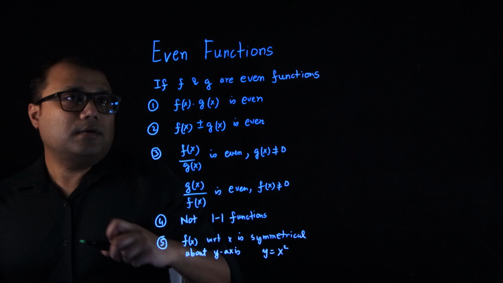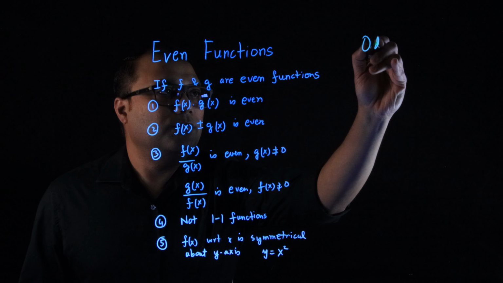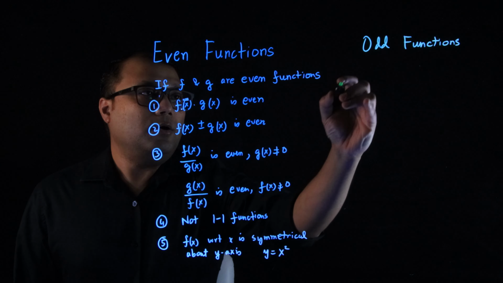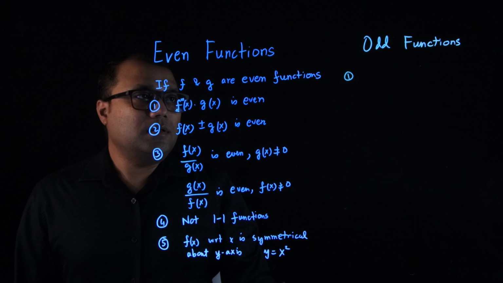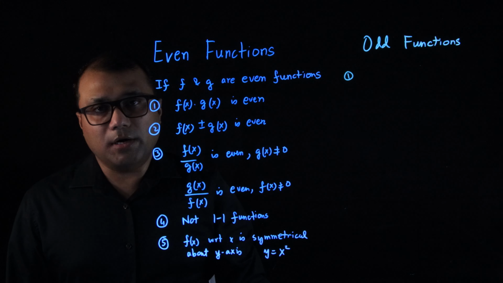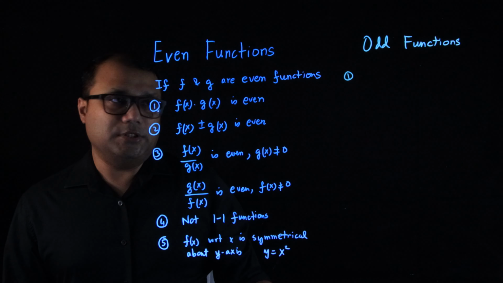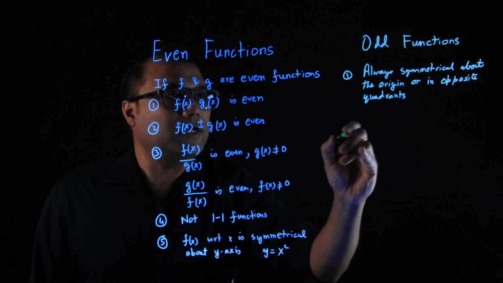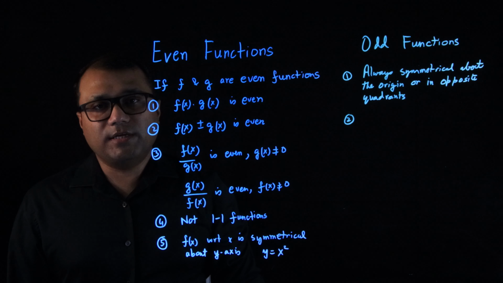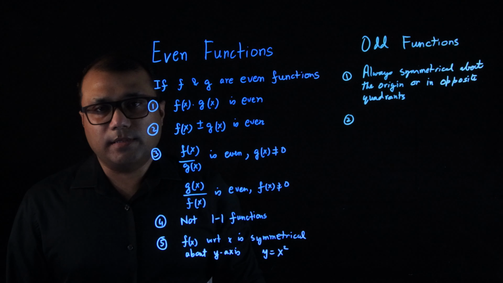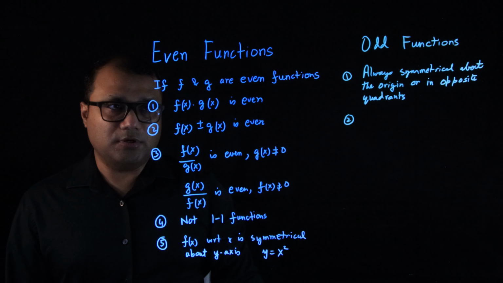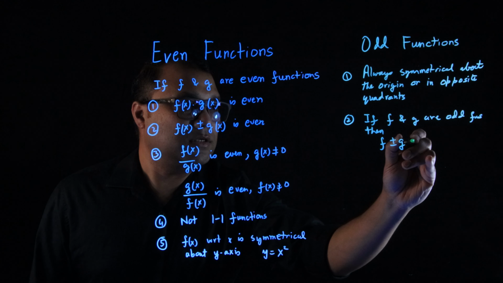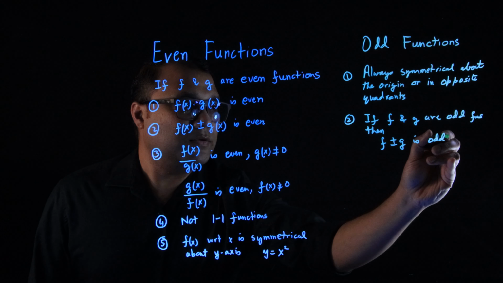Now, a little bit about odd functions as well. An odd function is always symmetrical about the origin, or in opposite quadrants. Now, if f and g are two odd functions, then their sum or difference is also an odd function. f plus or minus g is an odd function.